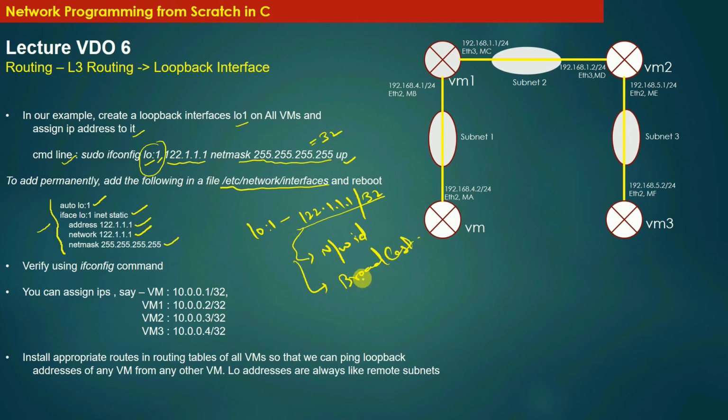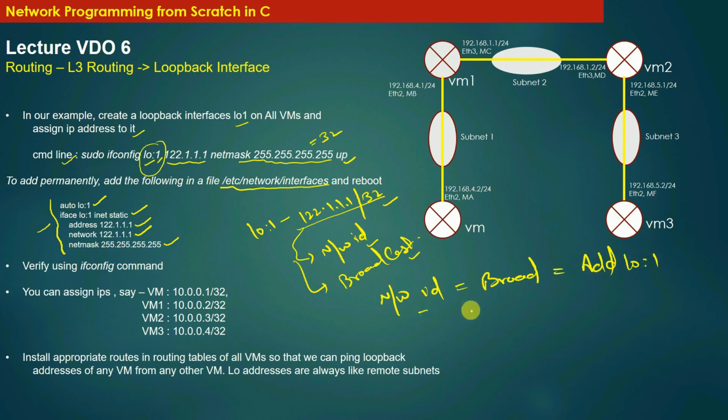If you apply the mathematics that we learned in the previous lecture for how to calculate the network ID and broadcast address from a given IP address, you will find that the network ID for loopback interfaces is equal to the broadcast address, which is equal to the address of the loopback interface itself.